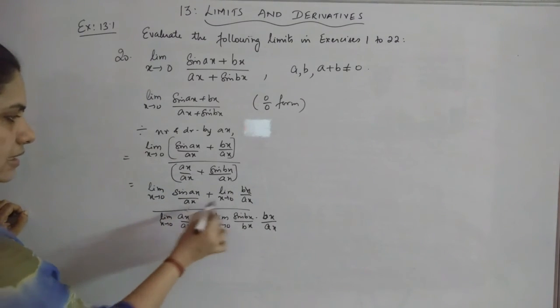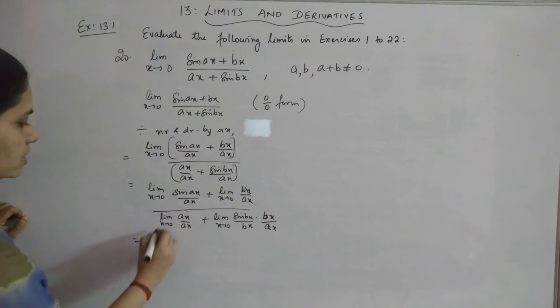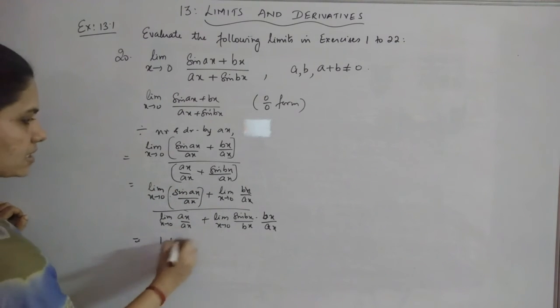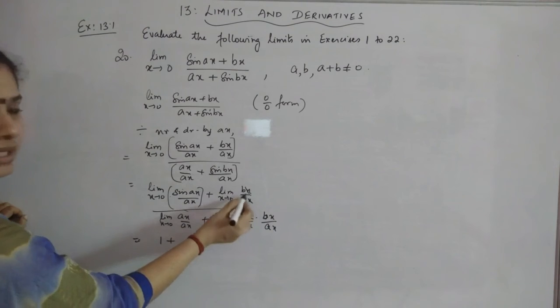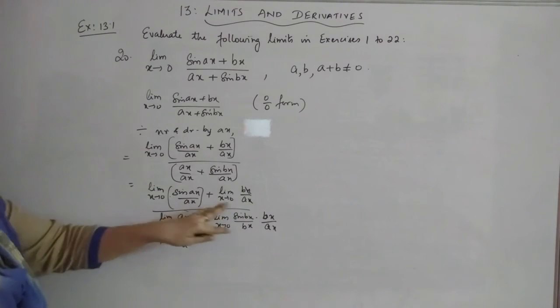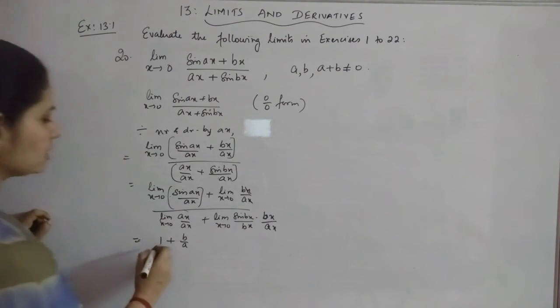This is not necessary that we have written here, these things are necessary. Okay, so this will give you 1 plus, here you have only a constant, this is b by a, so limit is not applicable here because you don't have any x term there. So 1 plus b by a in the numerator.